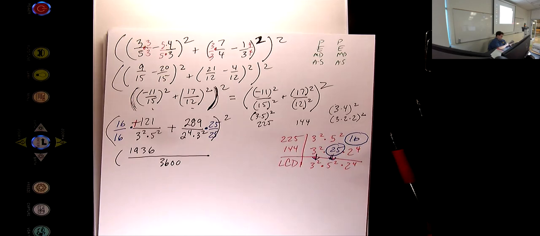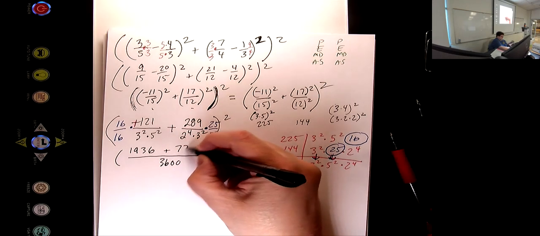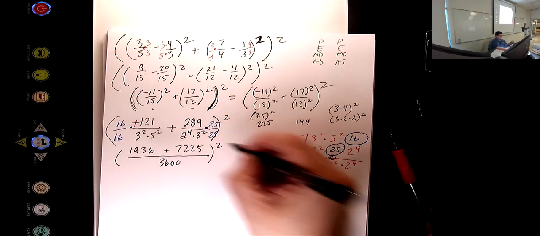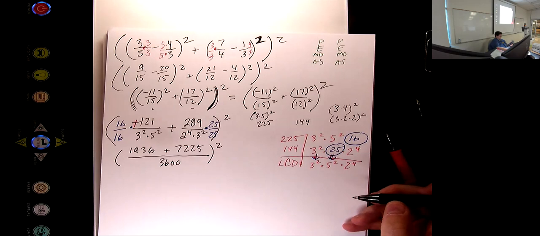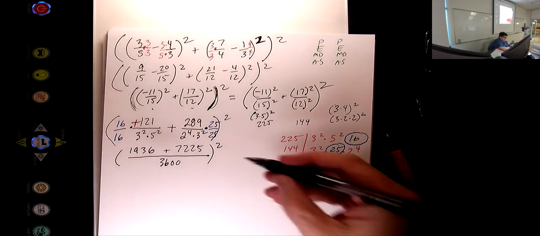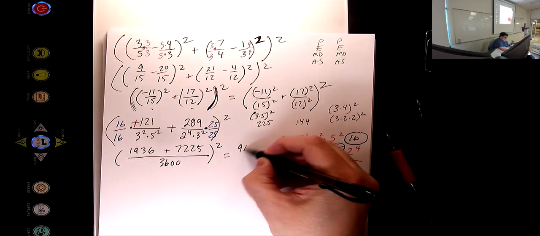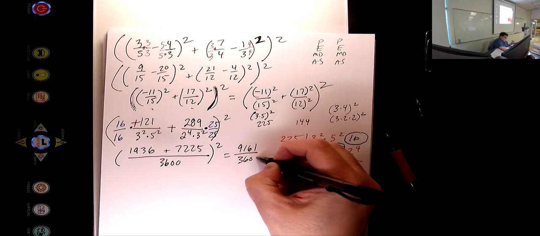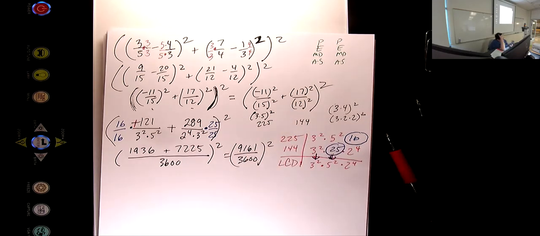And then 289 times 25. All right, so 7,225 plus 1936 is 9161 squared over 3,600. Let's see if it reduces.